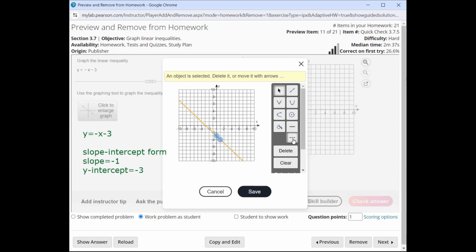The next step is which half plane should we select? For this, we select a test point. Since the origin is not included, I can select it as the test point. So the test point is 0, 0.